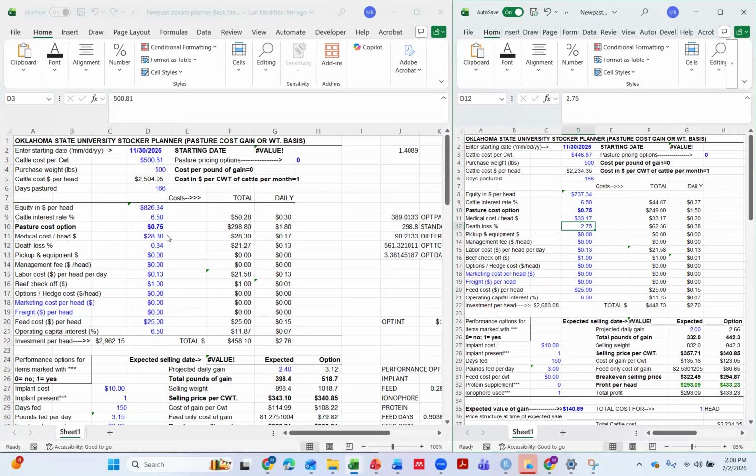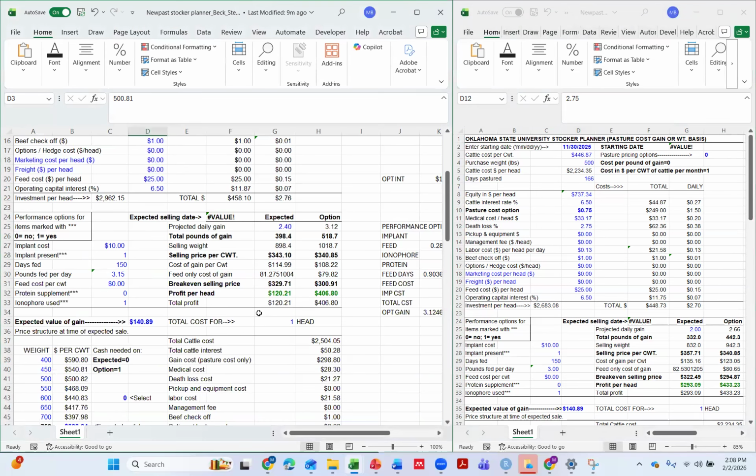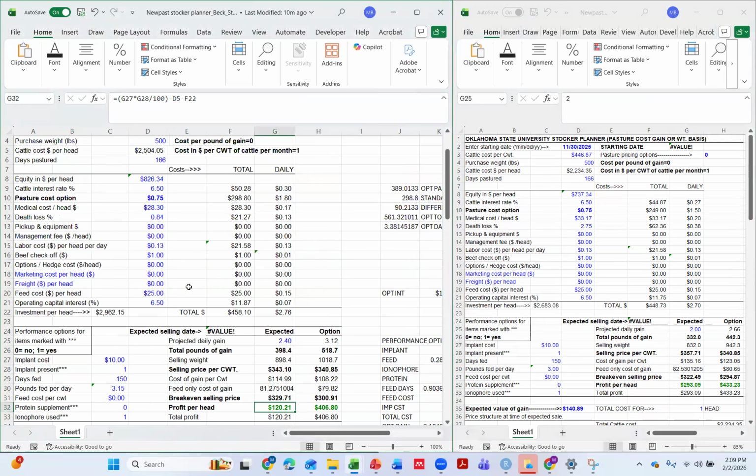So the big question becomes, well, one, these steers, we only made $120 per head. These bulls, we almost made $300 per head, which is crazy, right? I mean, that's a huge difference. So if we bought these groups of bulls, we're much better off than if we bought these groups of steers, even with an increased death loss, increased medicine cost, and a lower average daily gain.